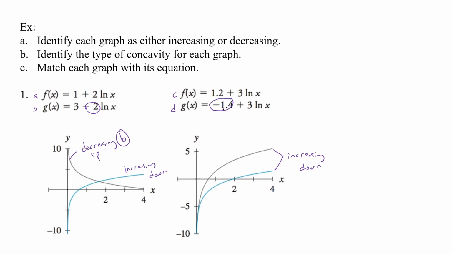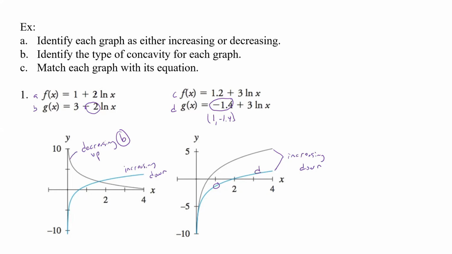Well, that negative means it's going to be (1, -1.4) as the intercept. And if we look here, that's where it should be, at the intercept down here. And so that point on the graph is this one. So that means this one is D.